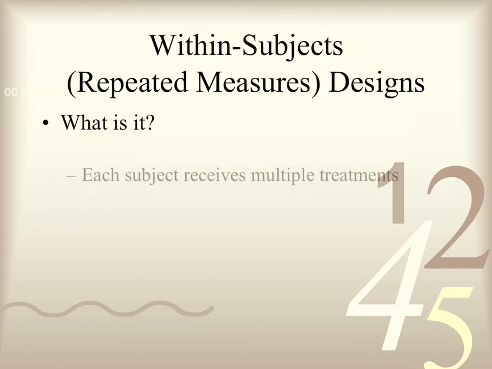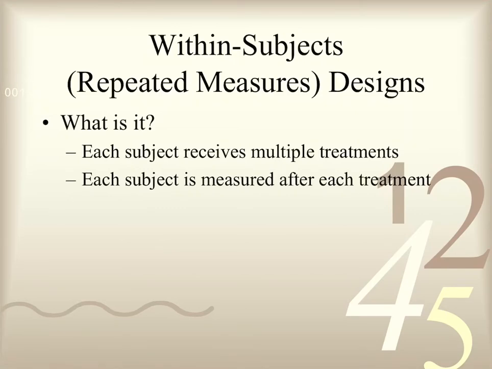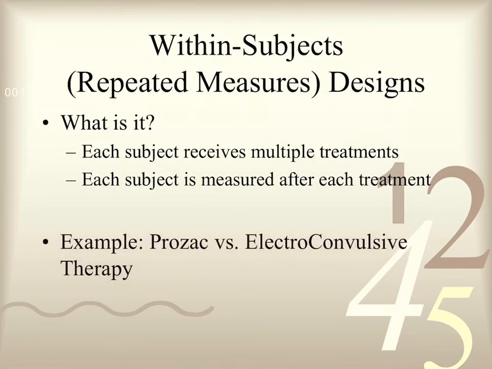So a within subjects design is one in which every participant, each subject, receives multiple treatments, and then each participant is measured after each treatment. So we'll use a different example for this one. We'll use Prozac versus electroconvulsive therapy, ECT, as treatments for depression.